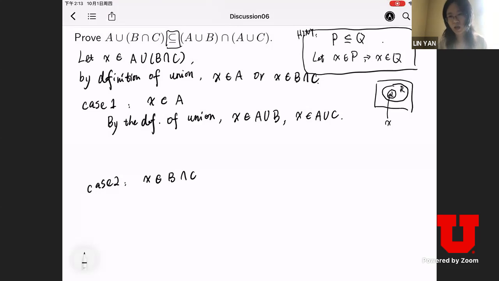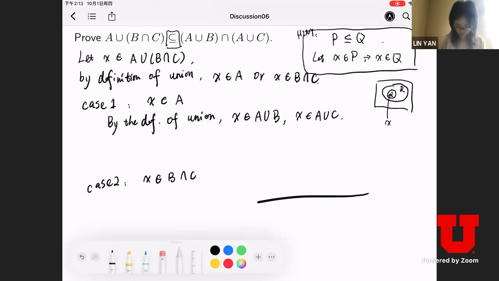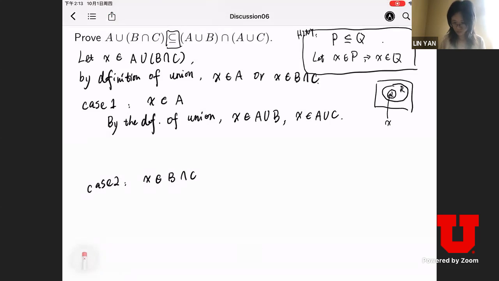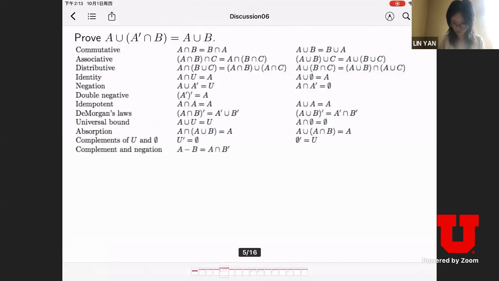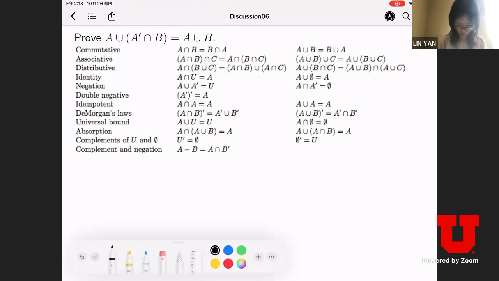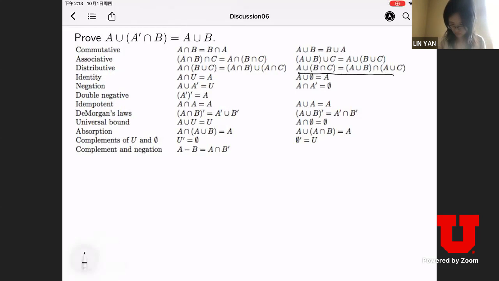So it means the sets are logically equivalent. Let's take a look at the equivalence table. Okay, yes, they are the same.